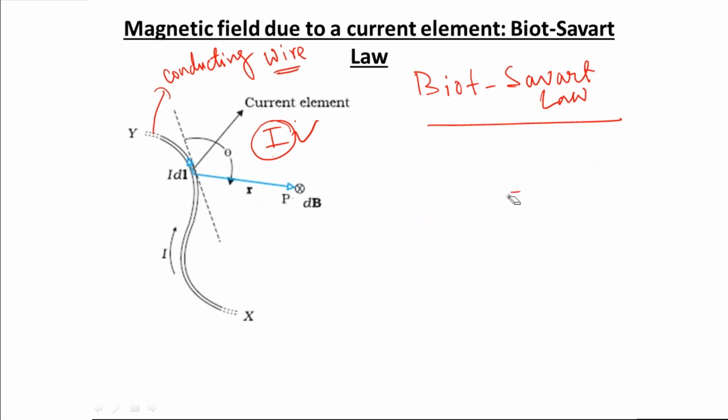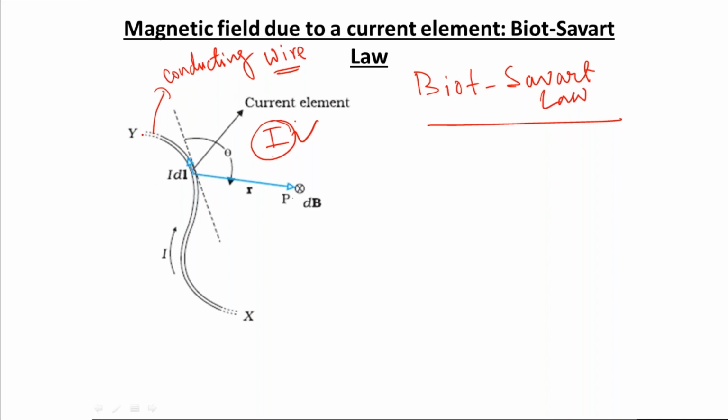We know that already, but quantitatively, can I find the magnitude as well as the direction of the magnetic field at any point near this wire, whether on the right side, left side, or anywhere? The Biot-Savart law will help us to do that.